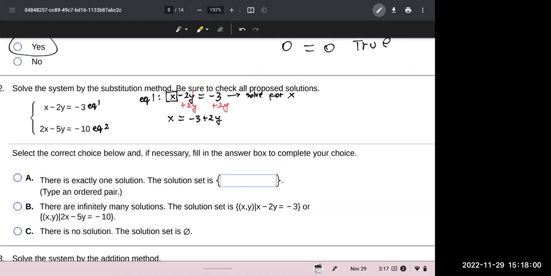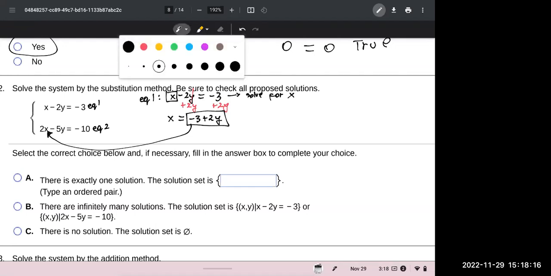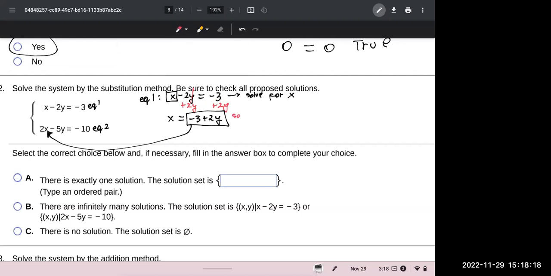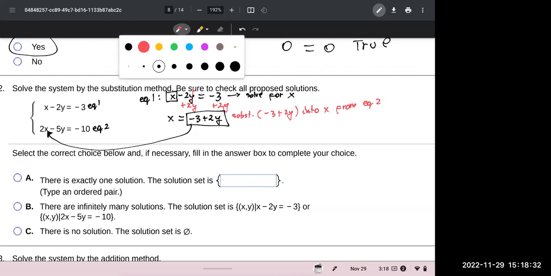Okay, so now, substitution method, I'm going to use that expression -3 plus 2y, and I will substitute x from equation 2 with the expression -3 plus 2y. So now we're going to substitute -3 plus 2y into x from the equation which you didn't touch, which is equation 2. So let's do it.